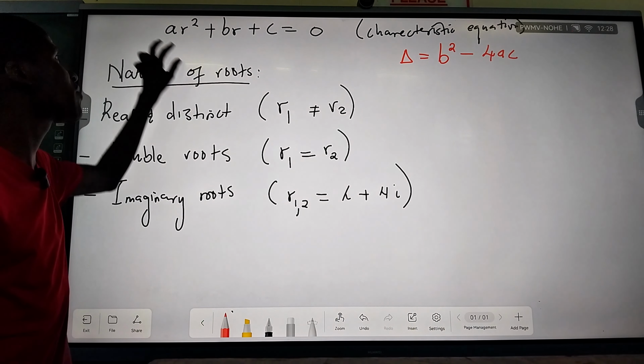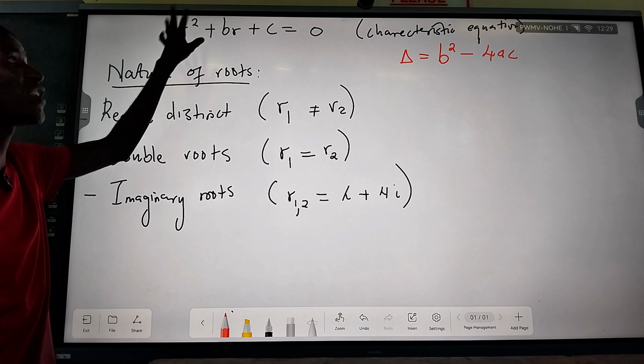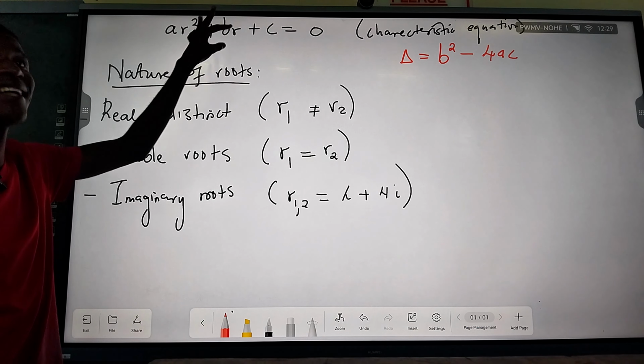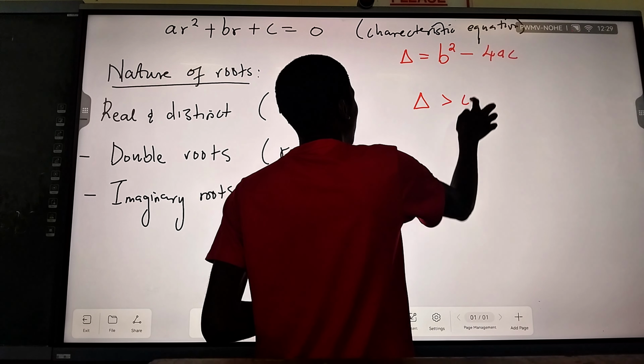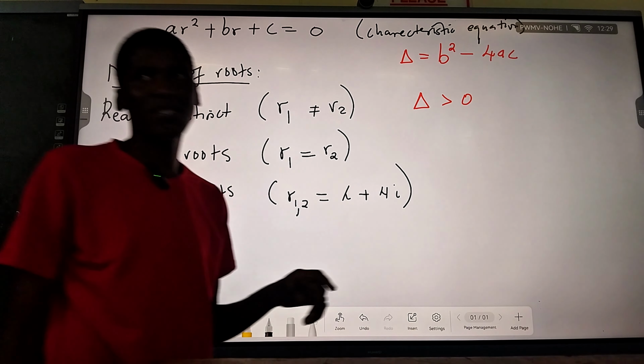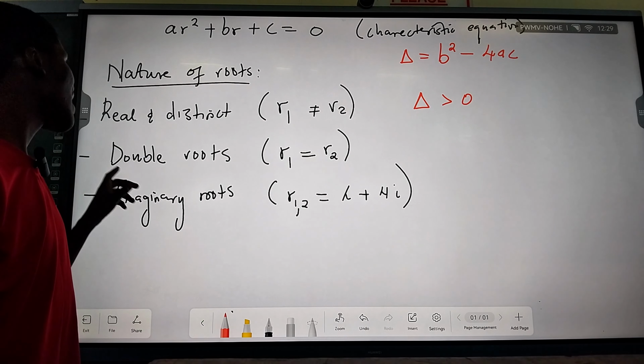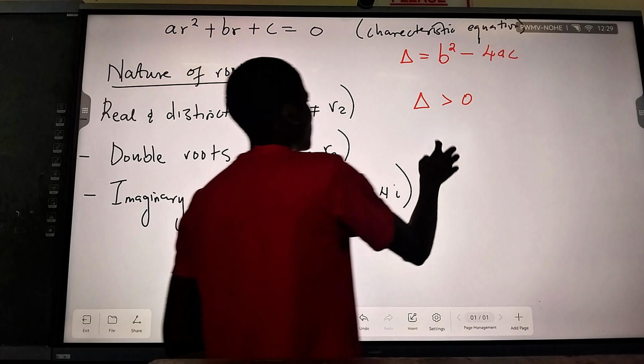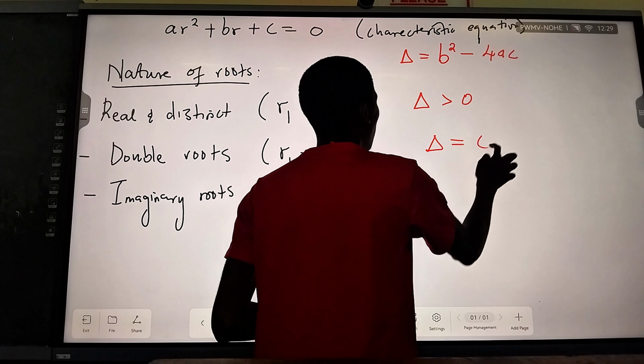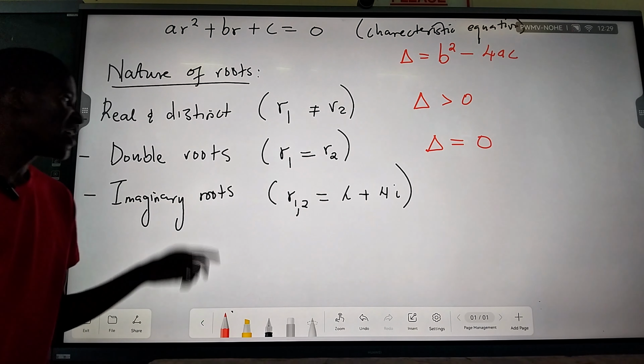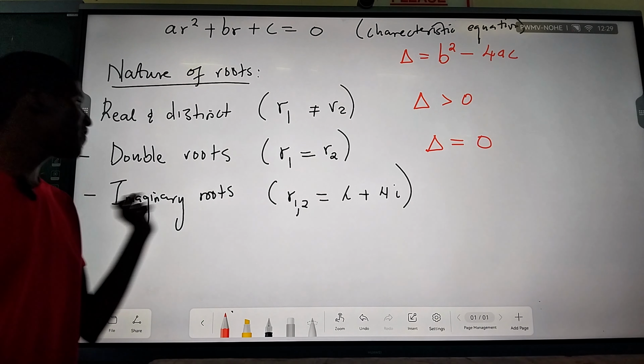So characteristic equation yakho uzothatha b squared minus 4ac. So uzobona kanjani ukuthi this is real and distinct? The discriminant injani? Greater than 0, is it? And then if it is double roots uzobona kanjani? The discriminant is equal to 0. If it is imaginary roots, the discriminant is less than 0.